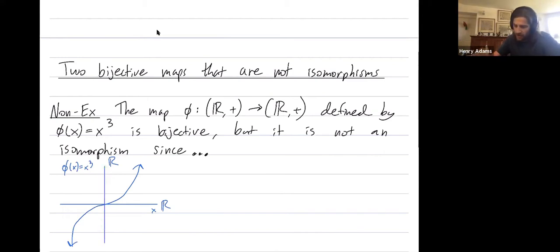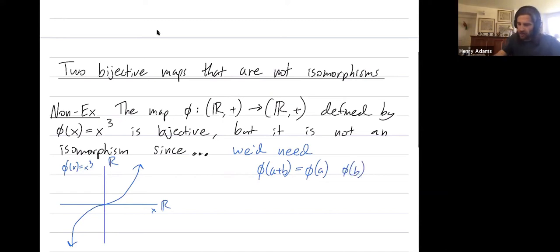Okay. But what would it mean for this to be an isomorphism? What would we need? We'd need phi of a plus b to be equal to phi of a combined with phi of b.